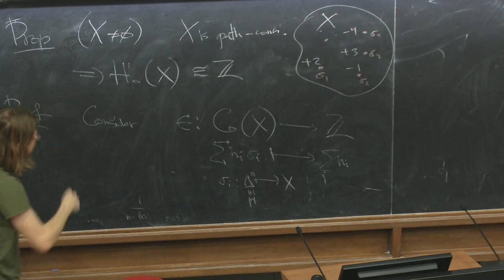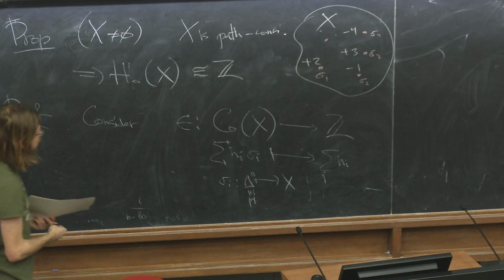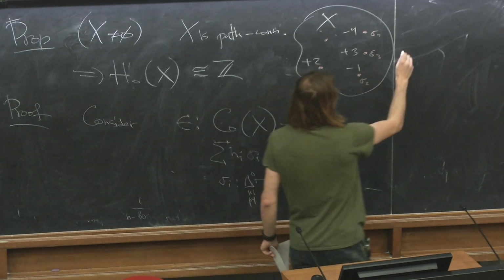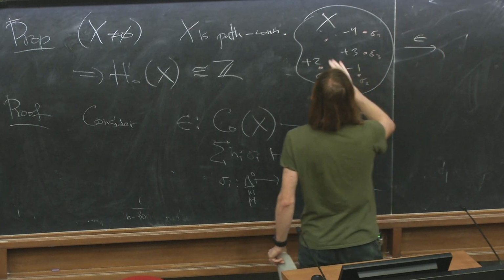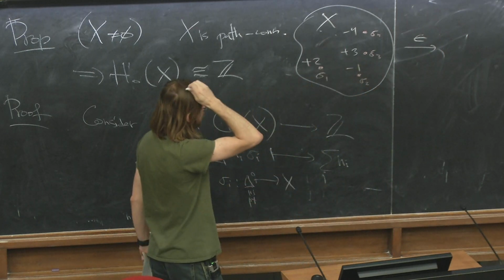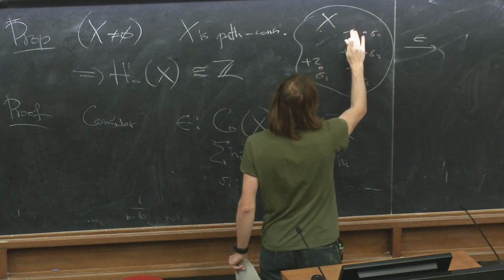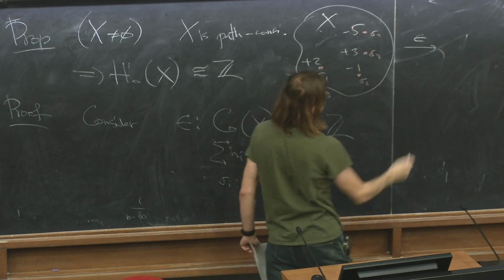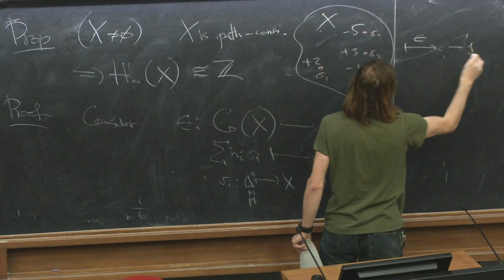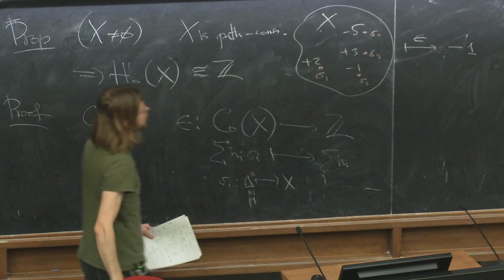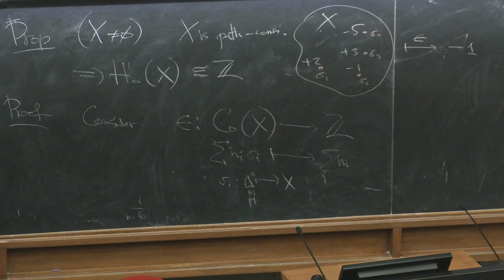Consider points with weights, and under epsilon, in this particular case, this is mapped to minus 1. Just take the sum of all these weights for all points.